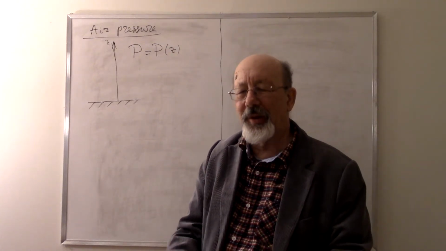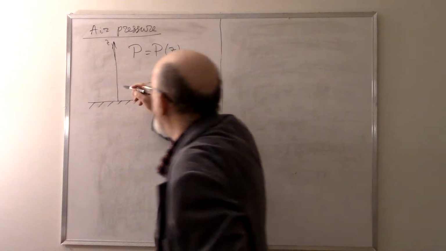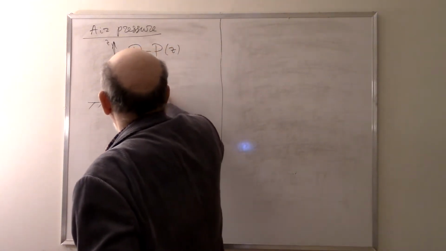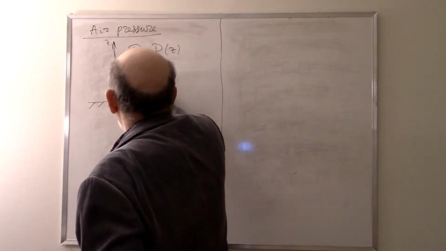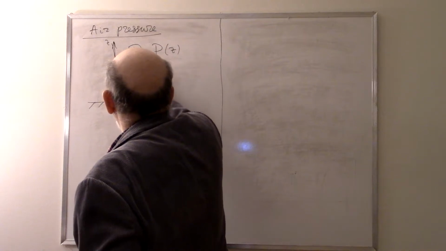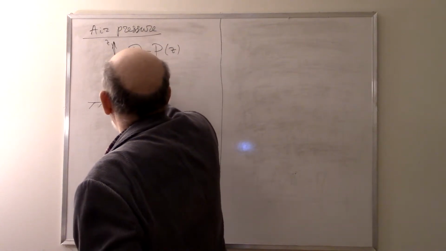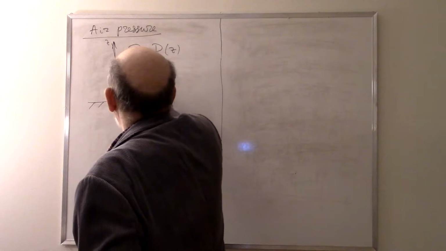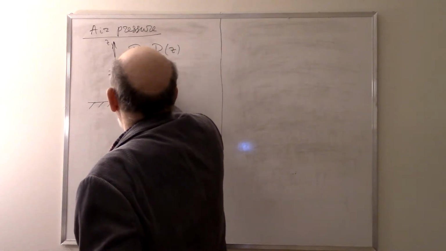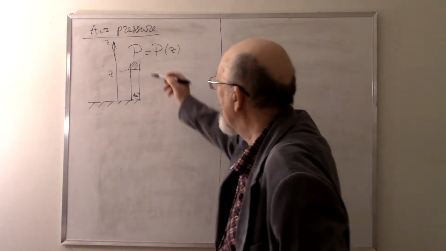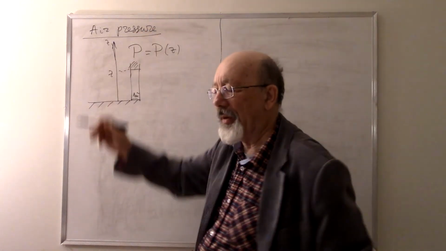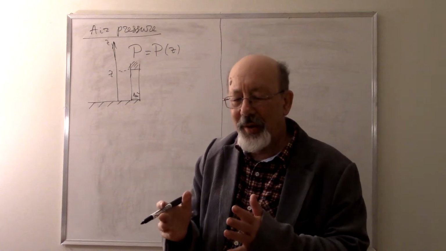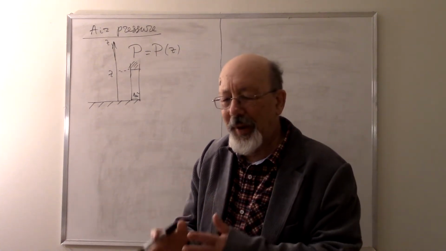So we consider the column of air, 1 square meter, and the pressure of air at some height z is equal to the weight of the air above this point. So it is the material cause of the air pressure.